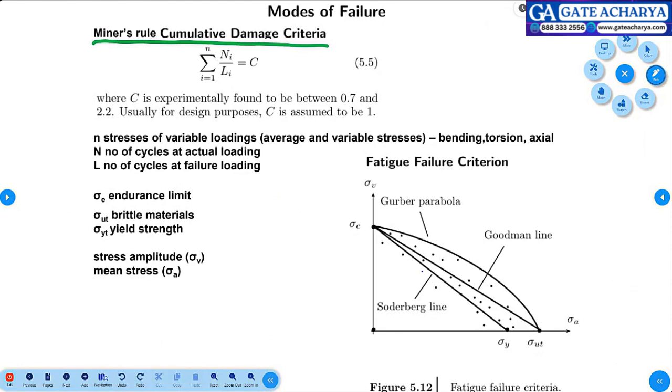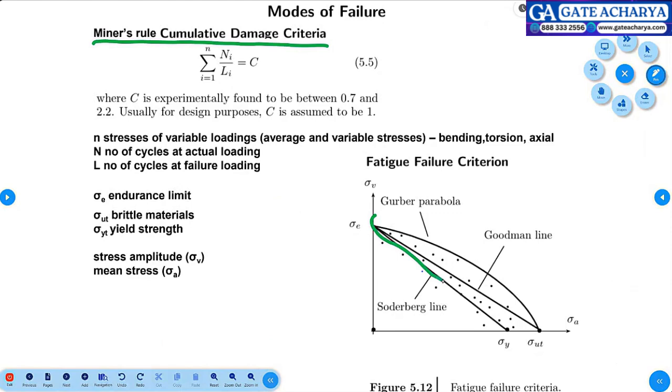Soderberg gave the criteria for endurance limit and yield, meant for ductile material. Gerber's parabola also gave a correlation between endurance and ultimate tensile strength of the material. So whatever experiment we do, all the plotted values should come in this region.